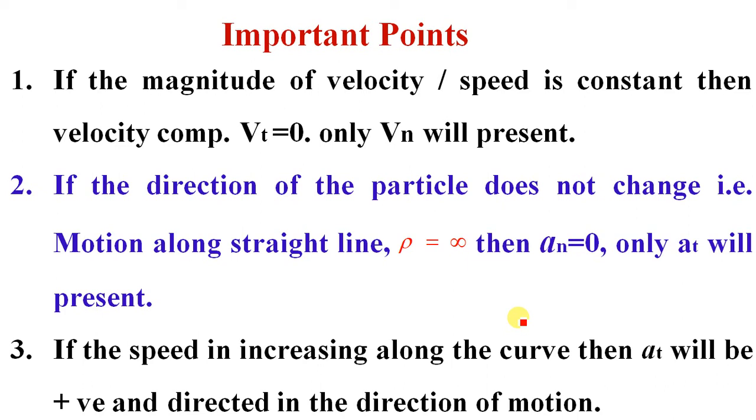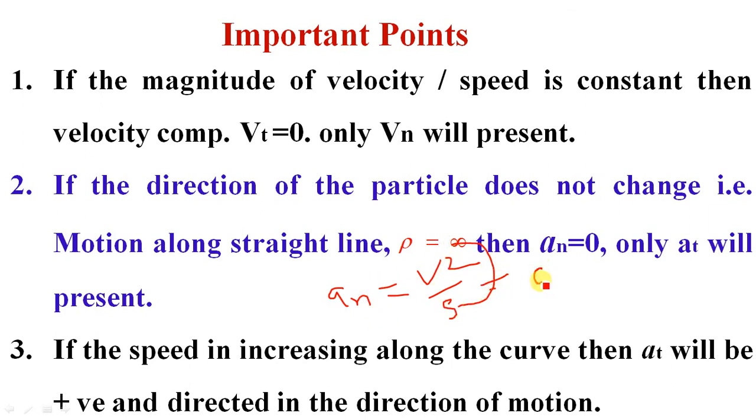So friends, please remember that in rectilinear motion, the radius of curvature, that is rho, is infinity. When rho is infinity, we have the formula an is equal to v square upon rho. So in that case, with rho infinity, what will be the value of an?